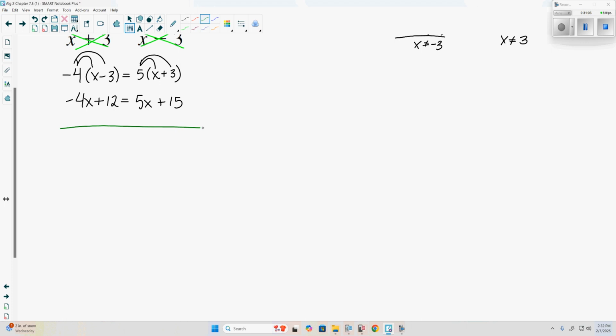Questions on this here? What can we do first? You're on the right direction. Subtract 12. No, you're good. But what we could have done also is we could have added 4x. But here, I would now subtract the 5x, say negative 9x is equal to 3.